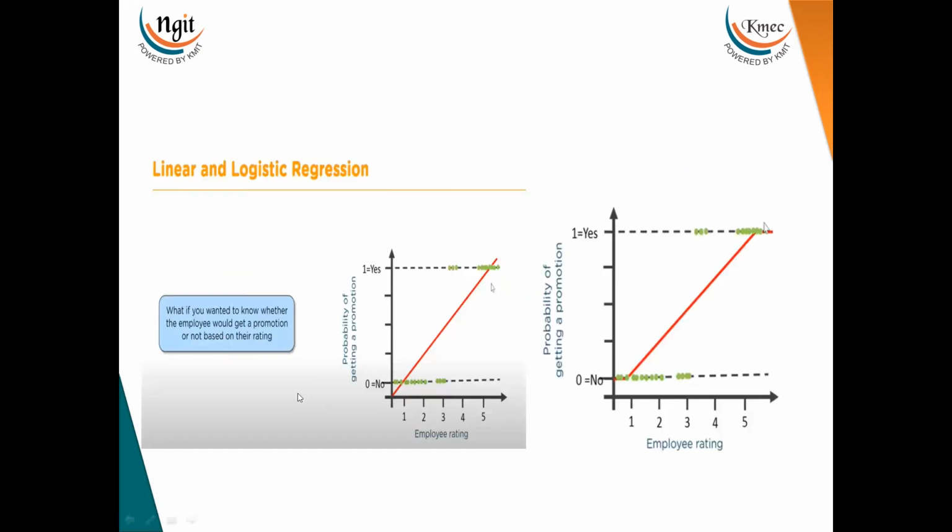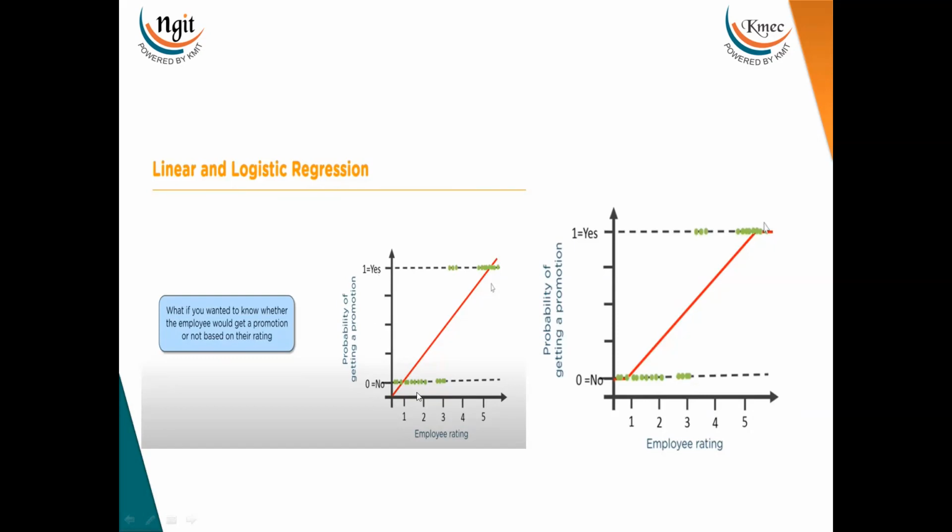Now see, if I apply linear regression to the same problem, to know whether a person will get the promotion or not, what will happen? In linear regression we draw a straight line and divide the data into two parts. The probability is either the person will get the promotion or will not.